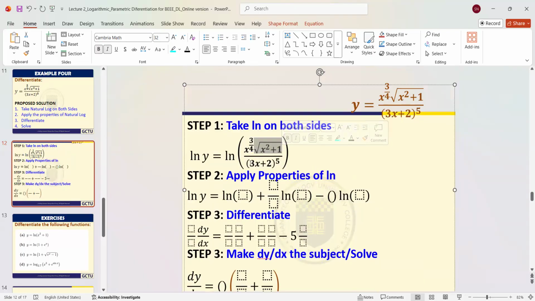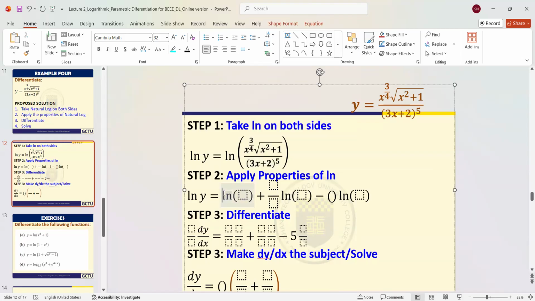And then in the denominator, I have 3x plus 2 raised to the power 5. Because this is multiplying this, it becomes addition. That's why this is addition. And because the numerator is being divided by the denominator, it becomes subtraction. So let's take care of this first.